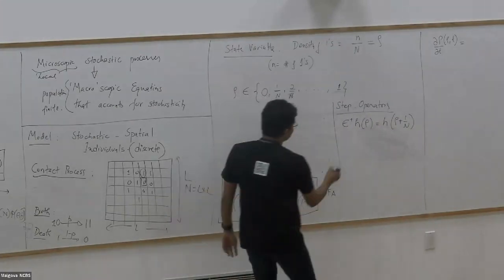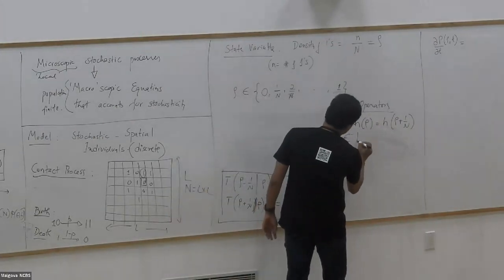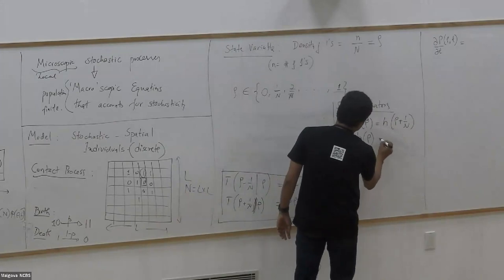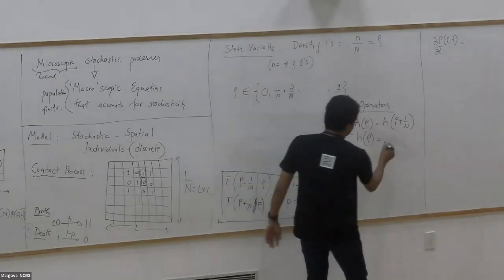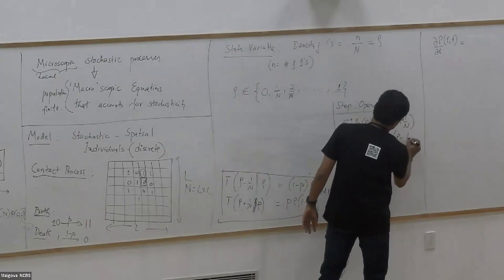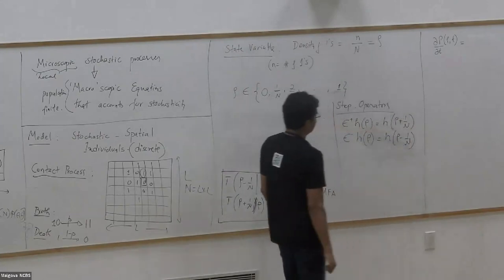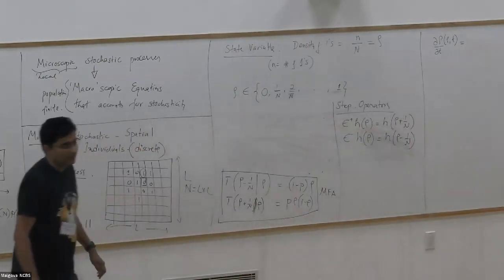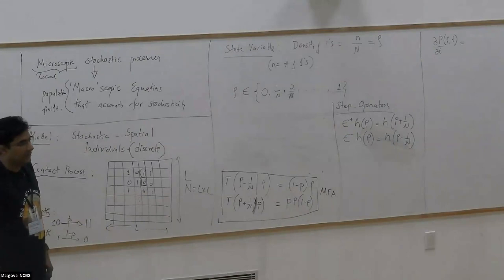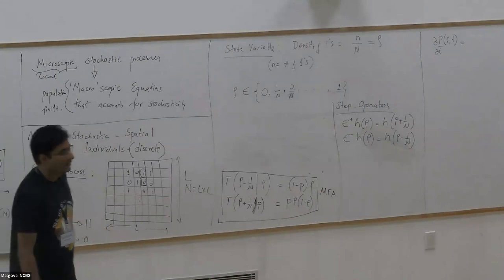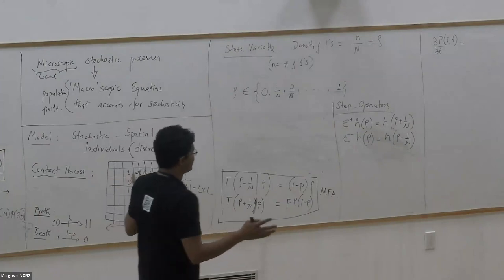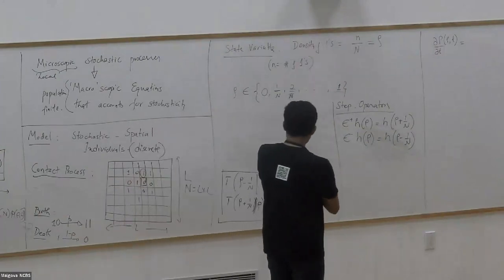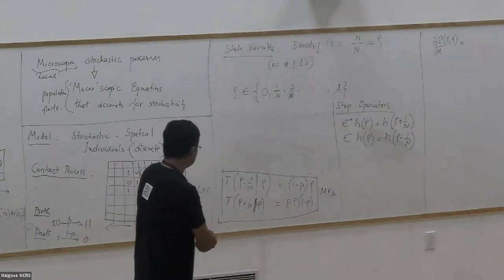On the other hand, there's another operator called epsilon minus. If this acts on a function h, it decrements it by 1 over n. Okay. So why am I doing this? Because it really helps me write the equations in an easier way.